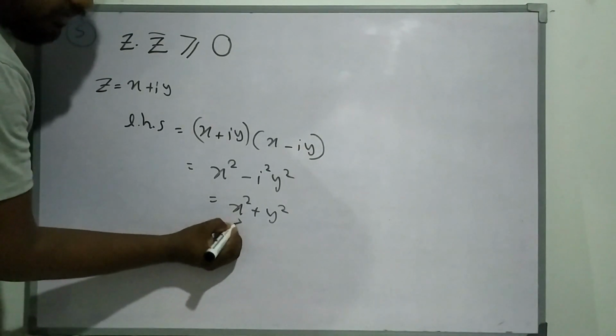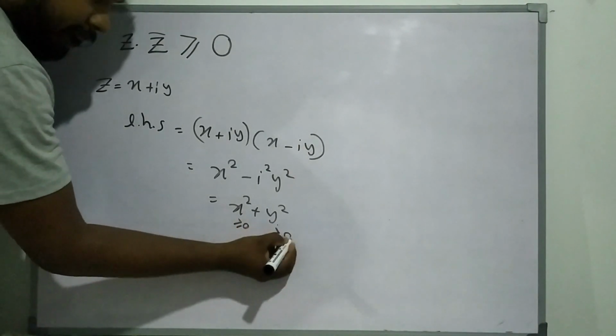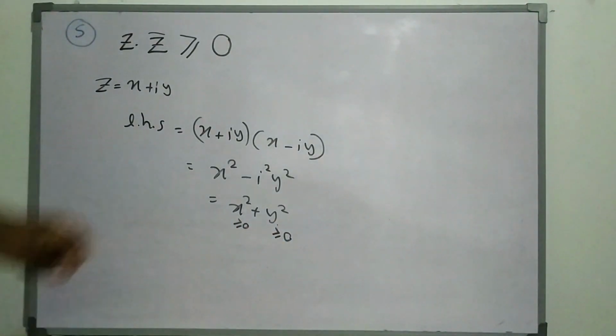Whatever the values of x and y, it's always greater than or equal to 0. So the only way to be 0 is if both x and y are 0. Both x and y being 0 means it will be (0, 0).